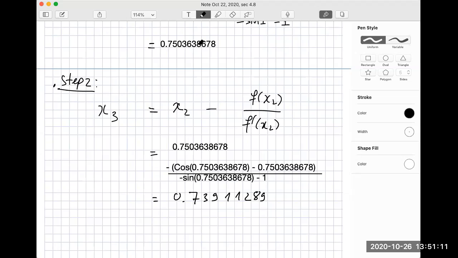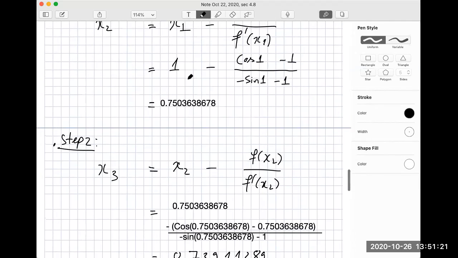How did you get 0.75 for x2? I got 1.45. You mean here? Type 1 minus cosine, but you compute it in radian. Double check it.